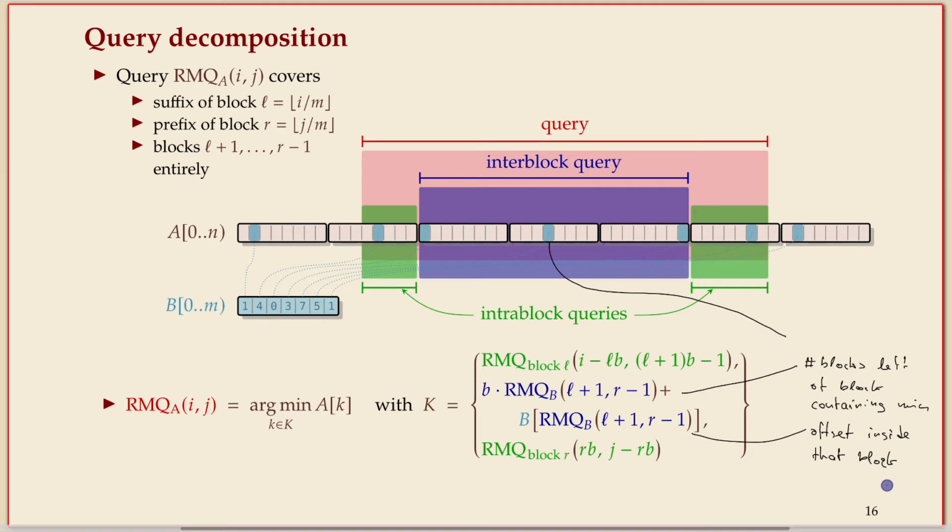So you have to puzzle together the entire offset as the sum of how many blocks are left of this and where in this block that contains the minimum is the minimum. And that's something you can store in this array.